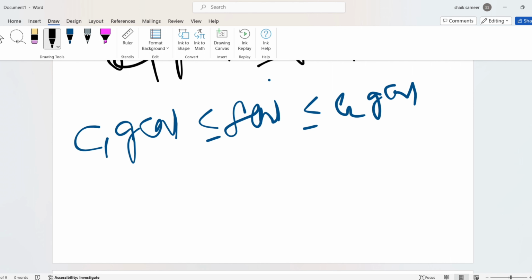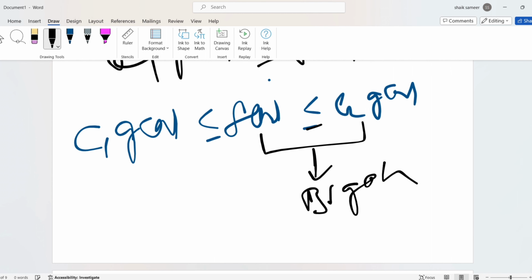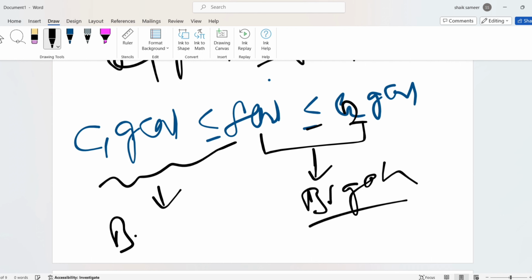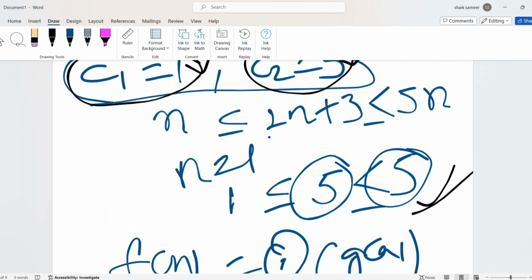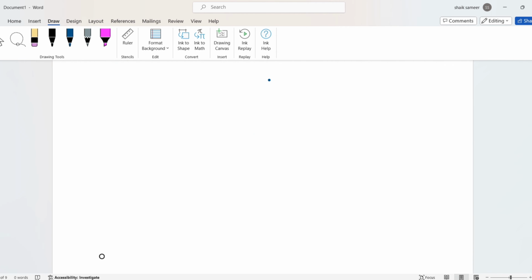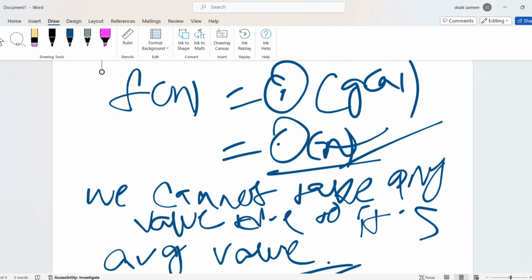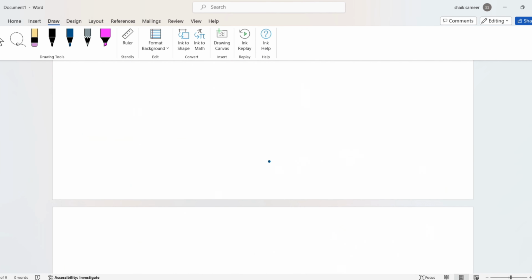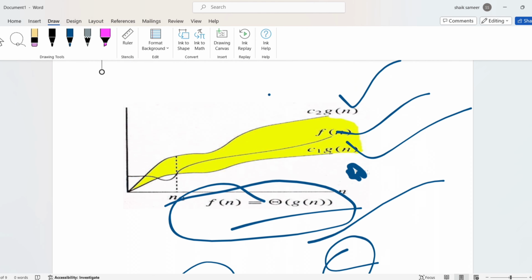This part comes under big O, ignoring the constant; you can substitute any c1 or c2. And when you compare the other side, it comes under big omega. I hope you have understood how I got the c1 and c2 values directly. Before going to the c1 and c2 values, you have to solve the problem like this to solve big theta notation.